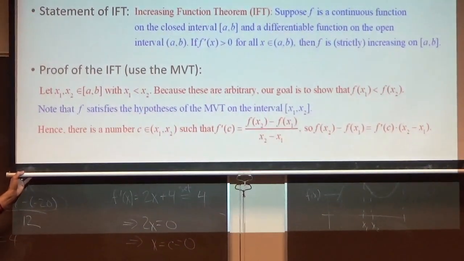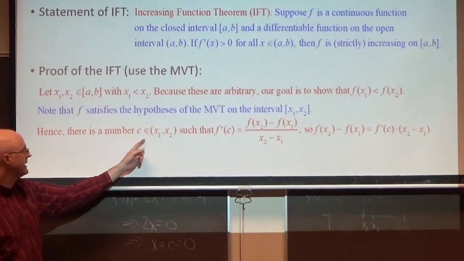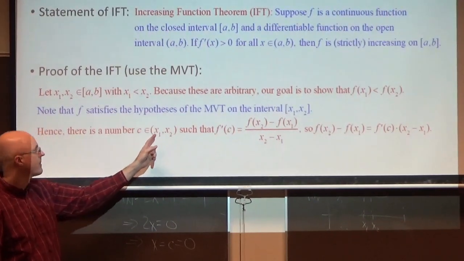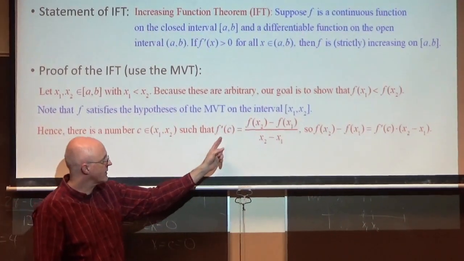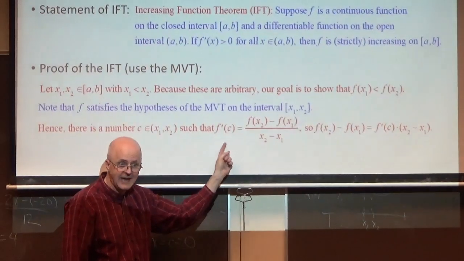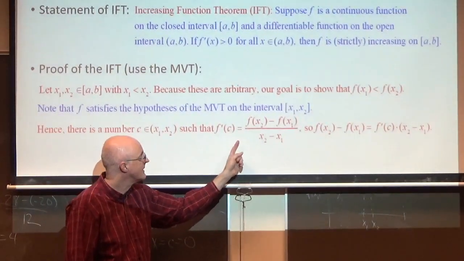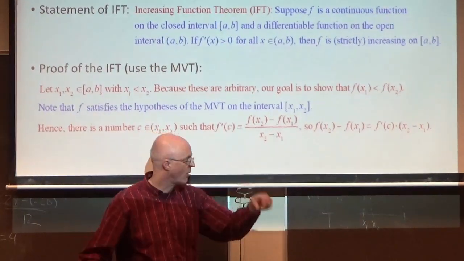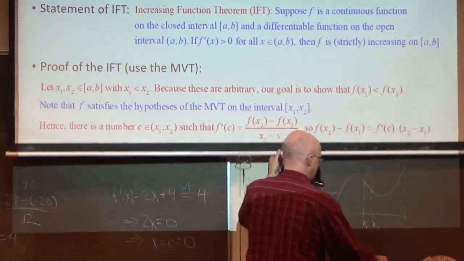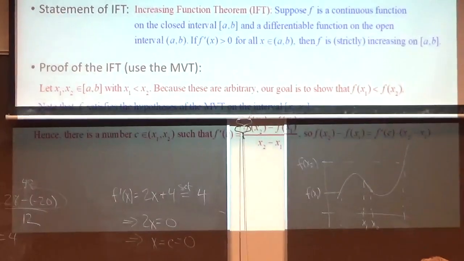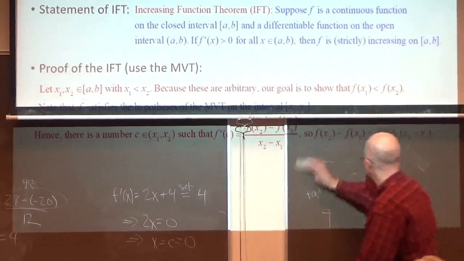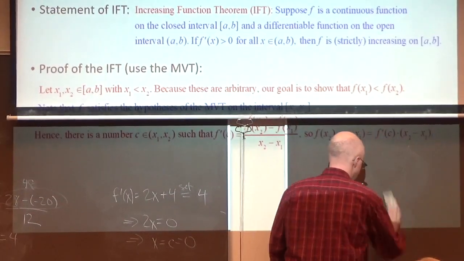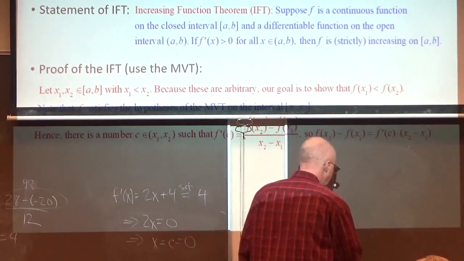Hence, there is a number c, strictly between x1 and x2. A lot of symbols here. Think carefully with me. The slope of the tangent line, f prime of c, is the slope of the secant line between the two points. The picture is the function is going up.